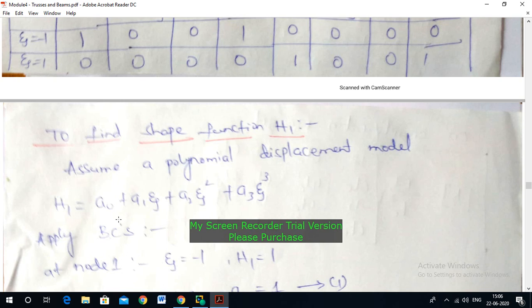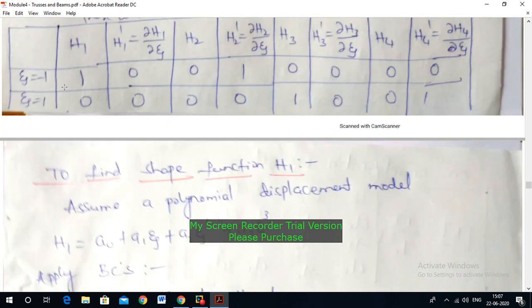Why? Because in the beam element there are 4 degrees of freedom. Since the degrees of freedom for the beam element is 4, I have taken a minimum third order polynomial displacement model for this beam element. And apply the boundary conditions for this beam element.